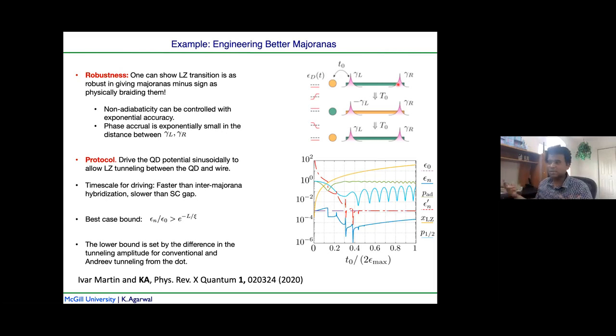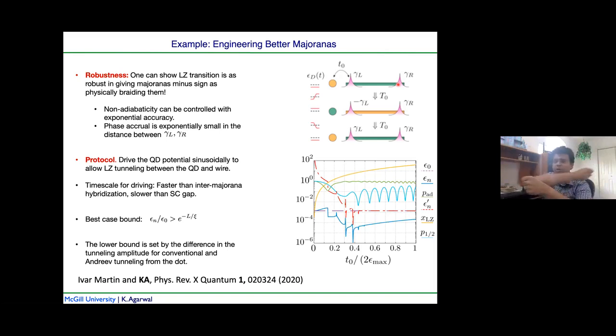But if you do have quasi-good Majoranas, in principle, you can improve the situation further. Okay, and just to assert this similarity between the robustness of the Landau-Zener transition and the robustness of physically double braiding Majoranas: if you had two Majoranas, their hybridization, of course, would depend exponentially on their separation.